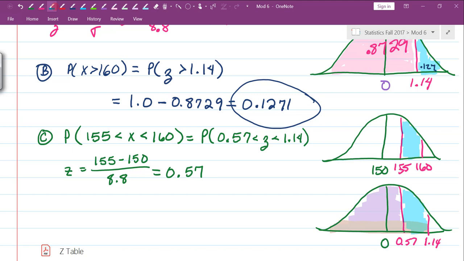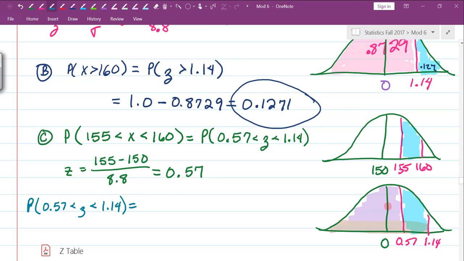So now I'm going to have the probability that 155 is less than x, which is less than 160, is equal to the probability that 0.57 is less than z, which is less than 1.14. And that is going to be equal to this area under the curve first in brown.